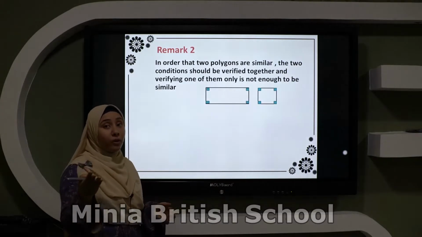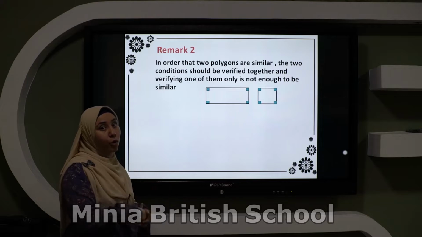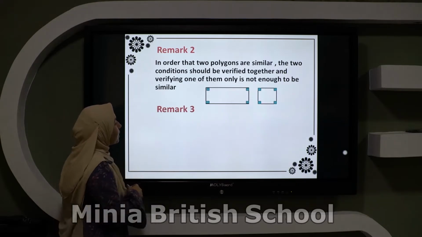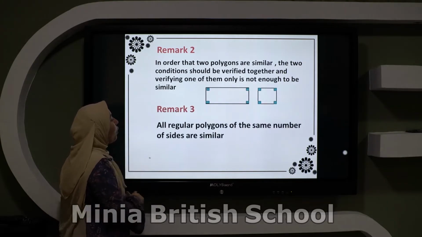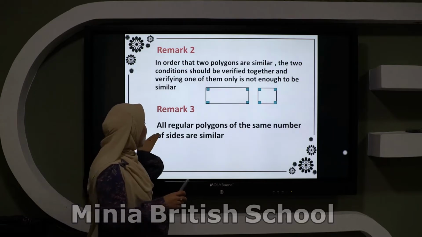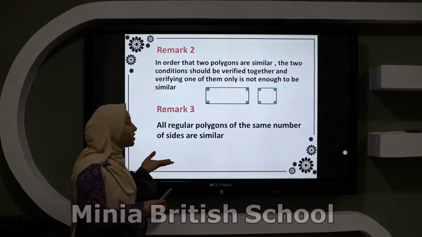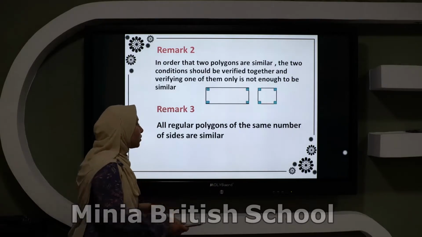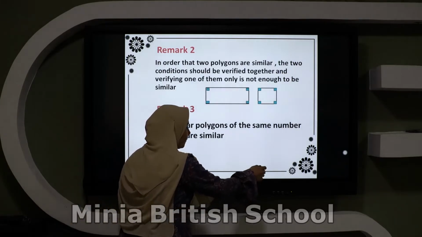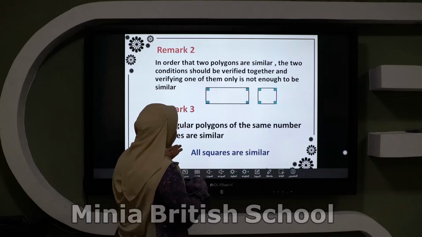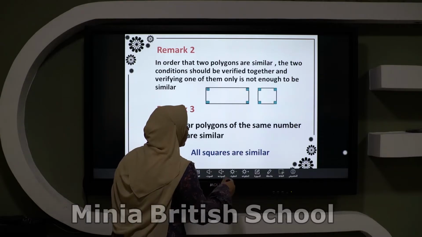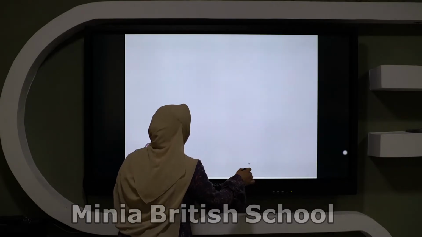But the corresponding side lengths are not proportional, okay? And remark 3, all regular polygons of the same number of sides are similar. Like all squares. All squares are similar, okay?